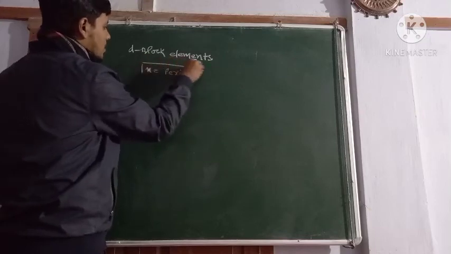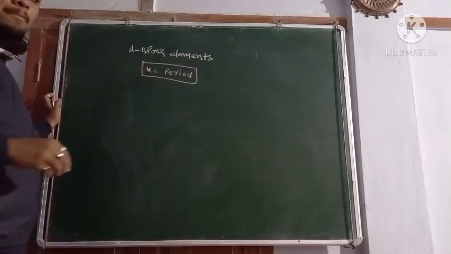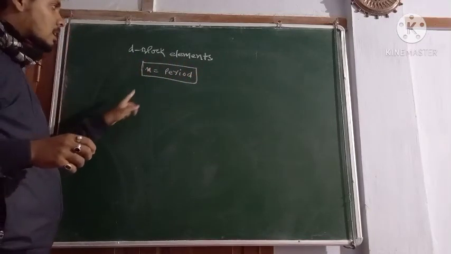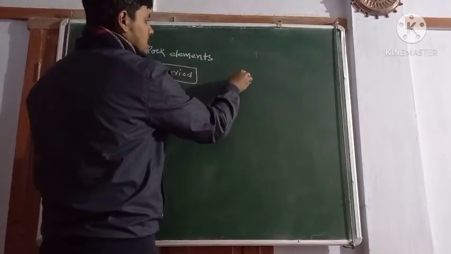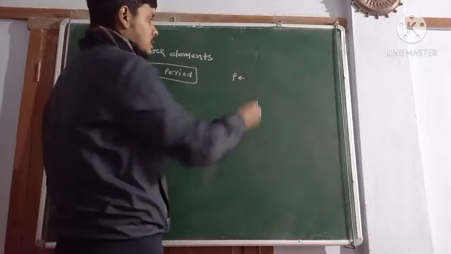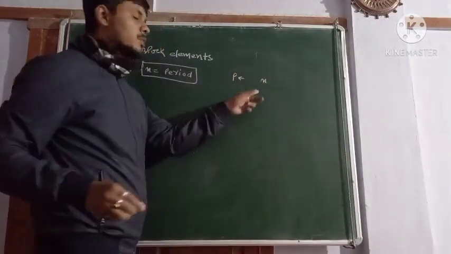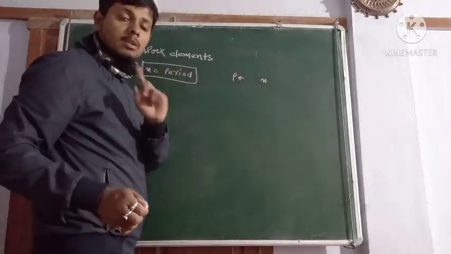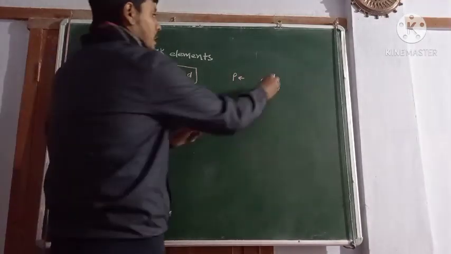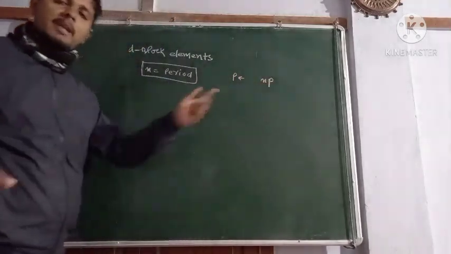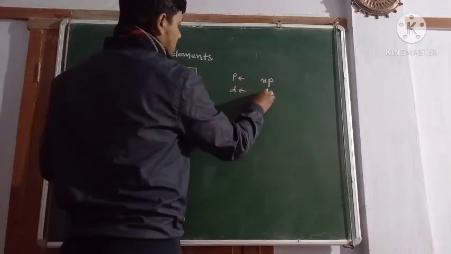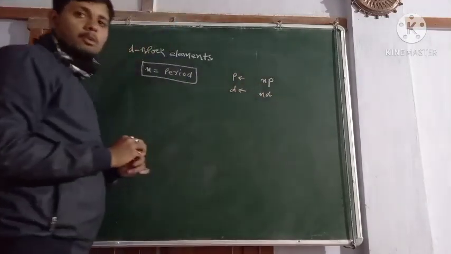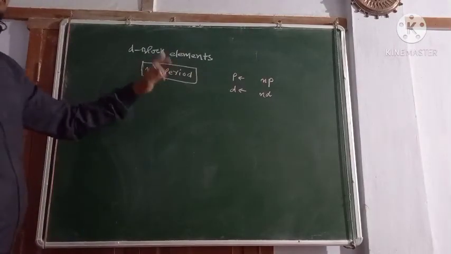If I consider a p block element, the principal quantum number for that last shell will be n, and that subshell will be np. If I see d block, that will be nd. So n will tell me about the period.